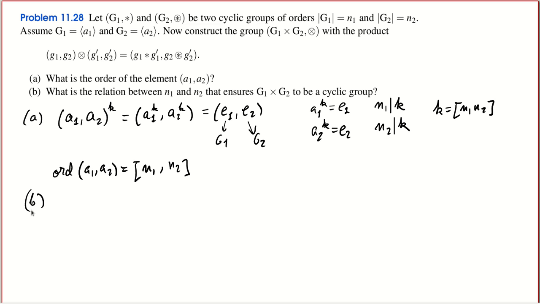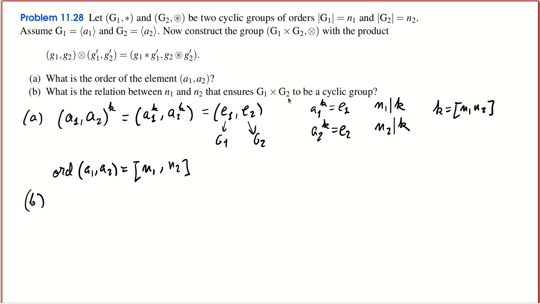It's clear that if we have to generate the whole group, we have to put here generators of G1 and G2. Because if this doesn't generate the group G1, then we can hardly generate the group G1 times G2 by using this generator. So A1 and A2 must be generators respectively of G1 and G2.